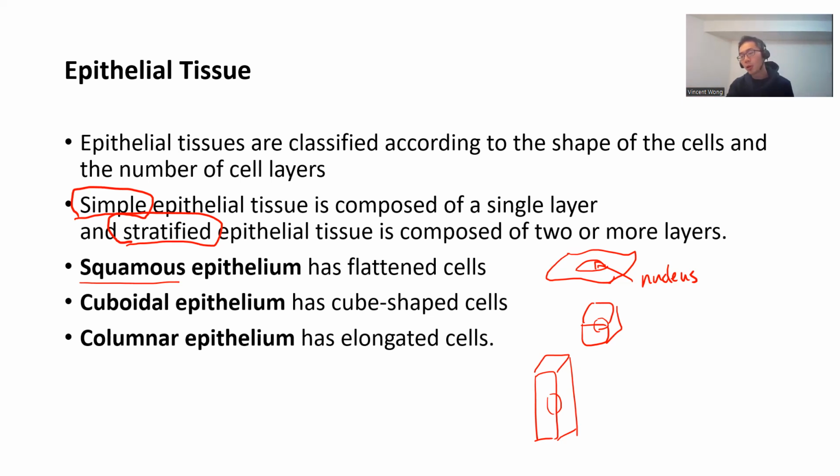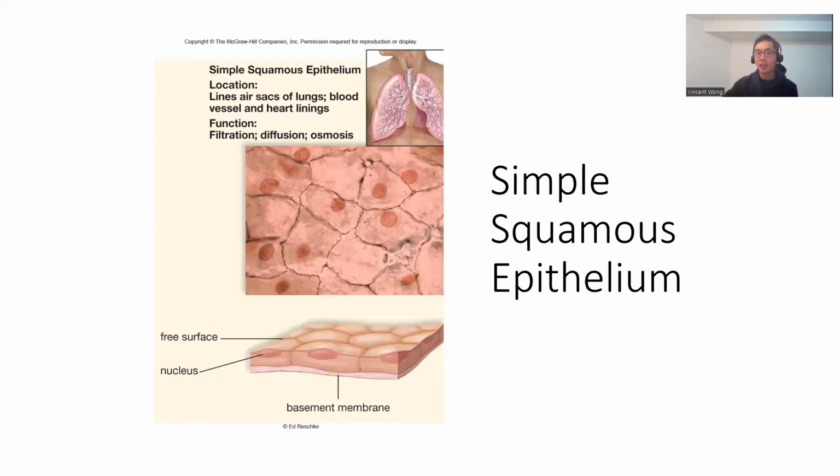Now we can use these terms in conjunction with each other. So here we have the simple squamous. Simple squamous means a single layer of flattened cells.